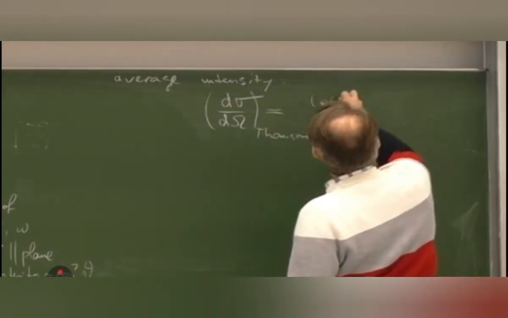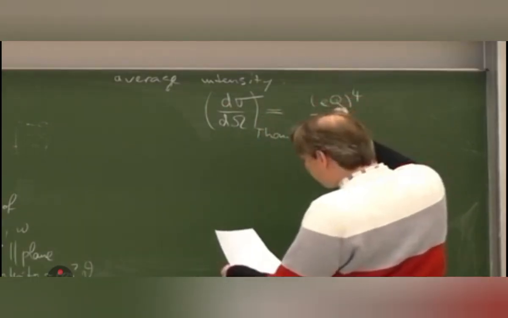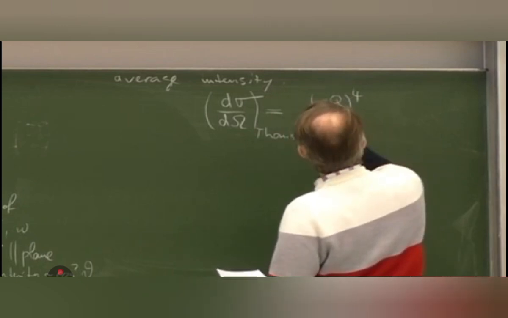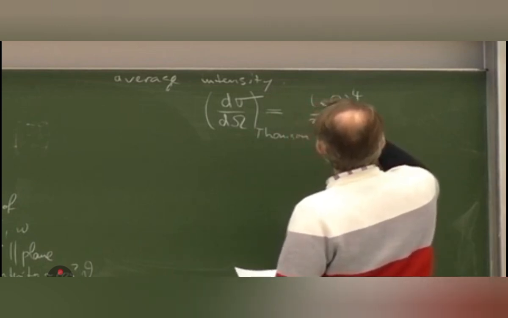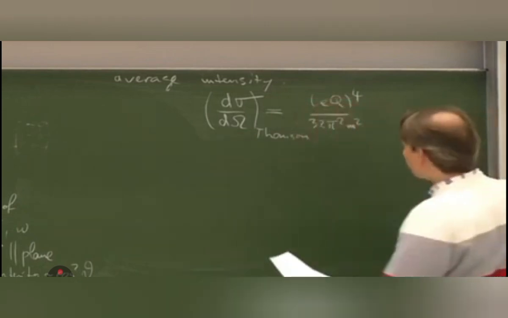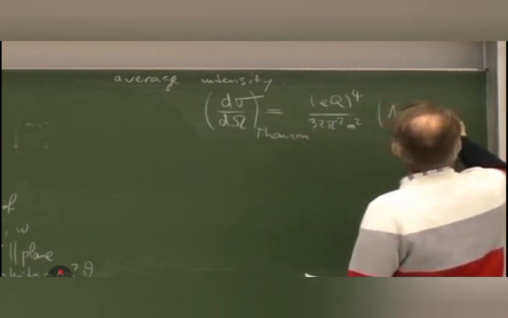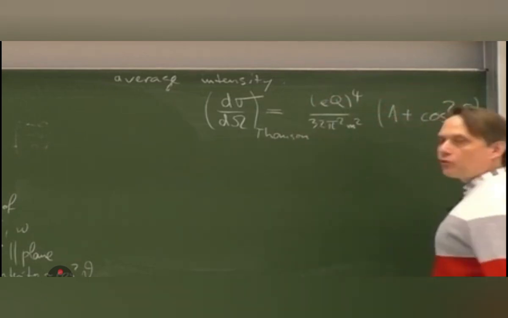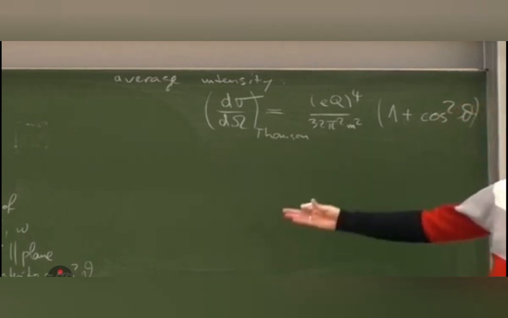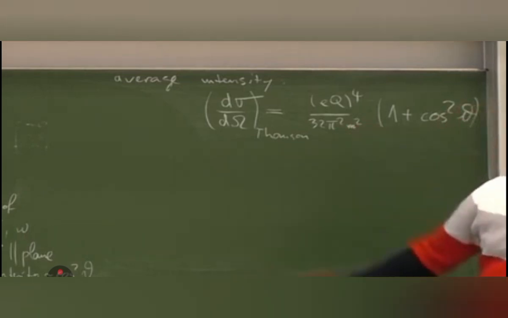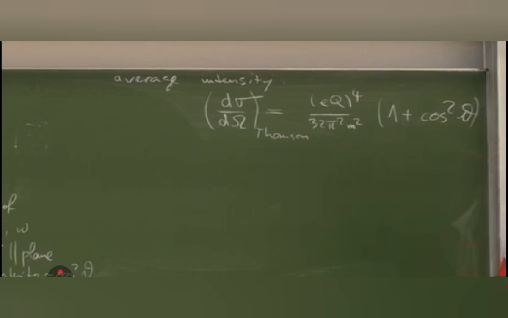If you calculate it, e to the 4th power divided by 32 pi square times m square, where m is the mass of the charged particle, and then comes the angular dependence 1 plus cosine square theta. You cannot understand the prefactor, that must come from a calculation, but you can understand the angular dependence.